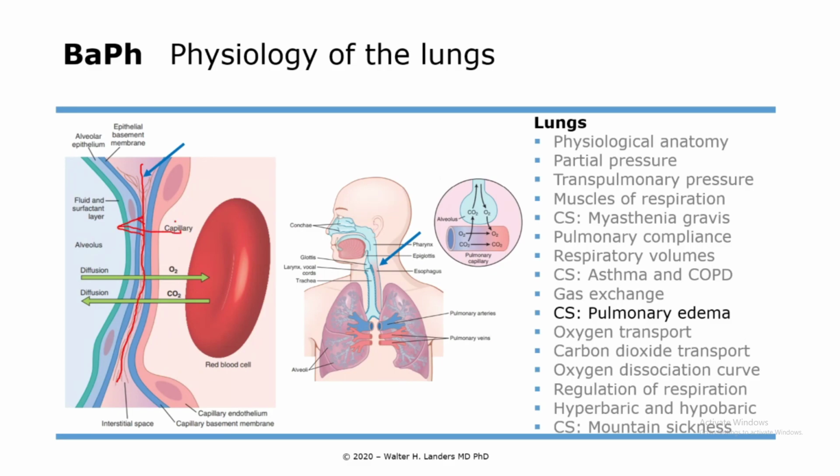You can imagine that if it heavily expands, oxygen and carbon dioxide can't really diffuse anymore. That's one of the reasons why these patients have a low SpO2. That's the main reason why they have a low SpO2.